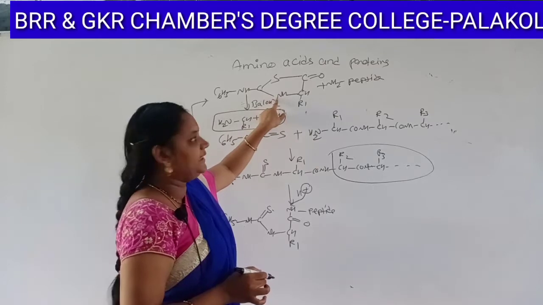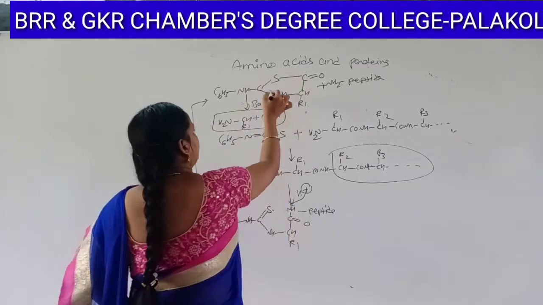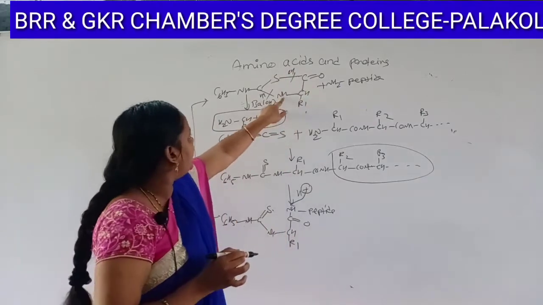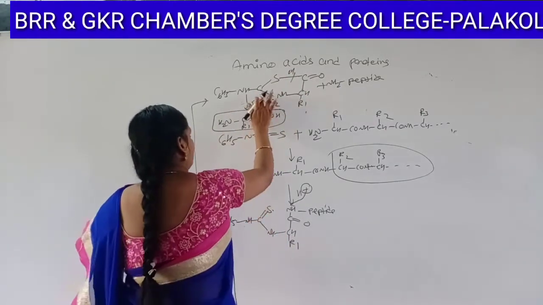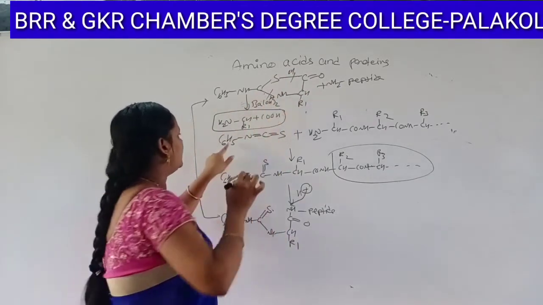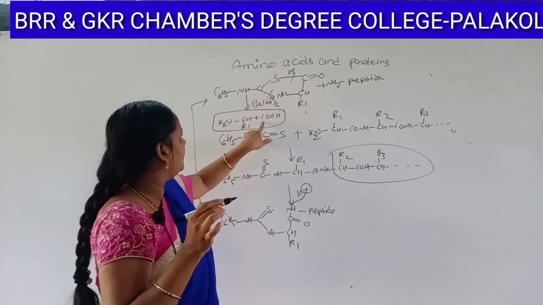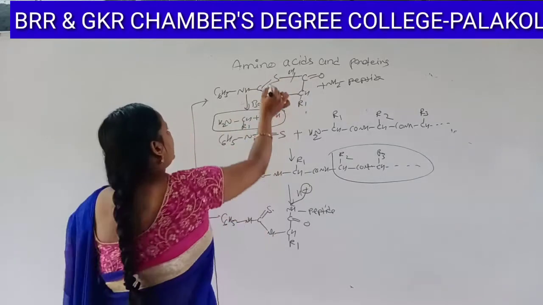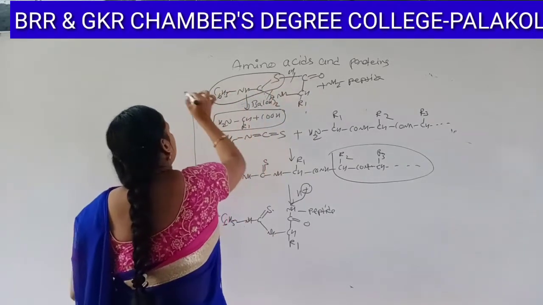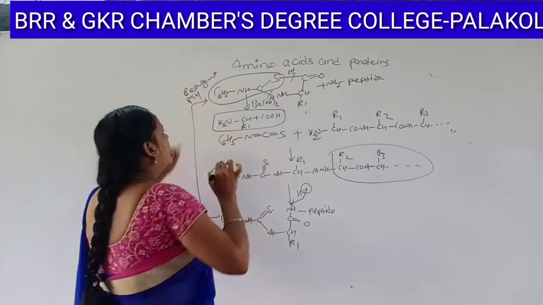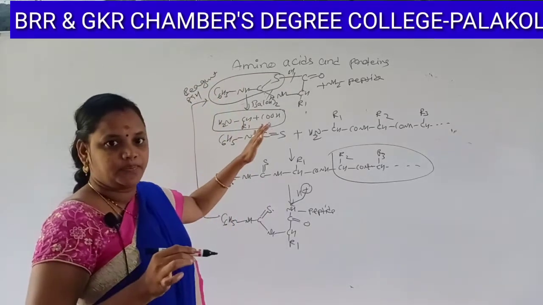H+ and OH- are added here, so you get NH2 CH R1 COOH, and the remaining part is removed again as the reagent, which is called PTH, phenyl isothiocyanate.